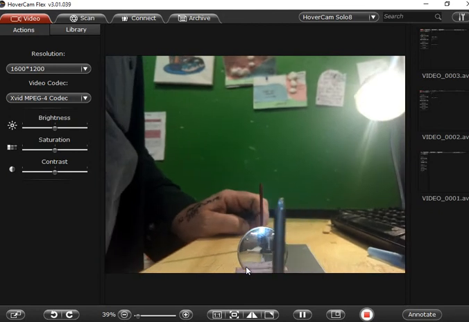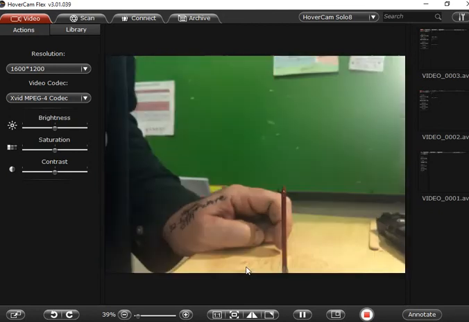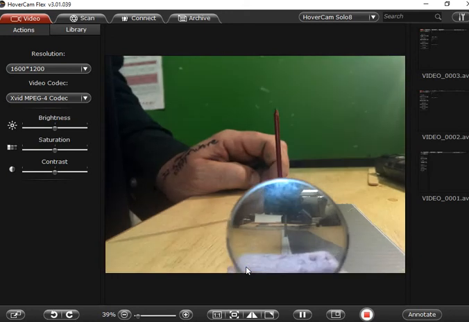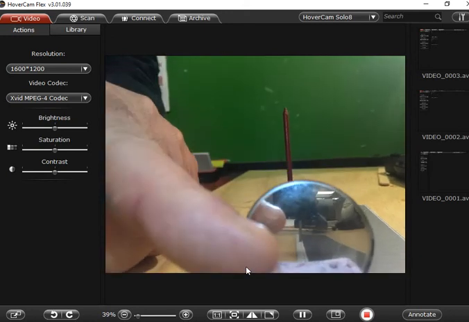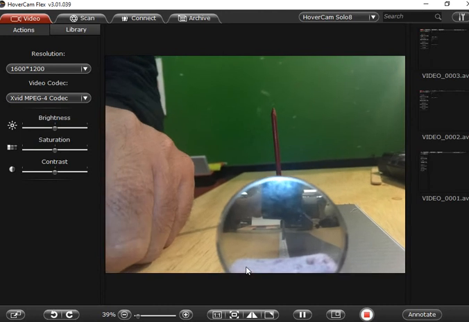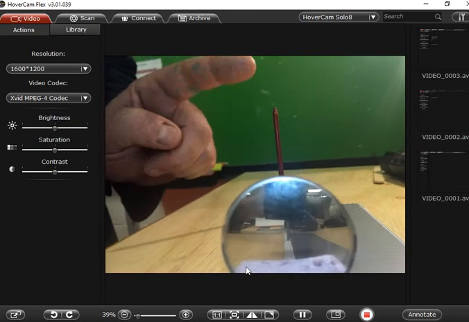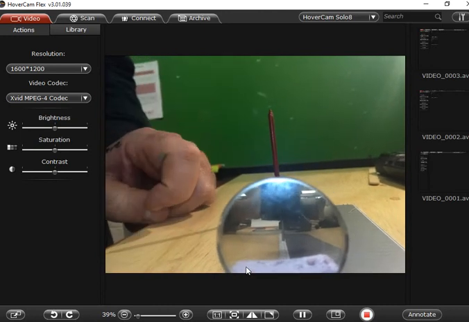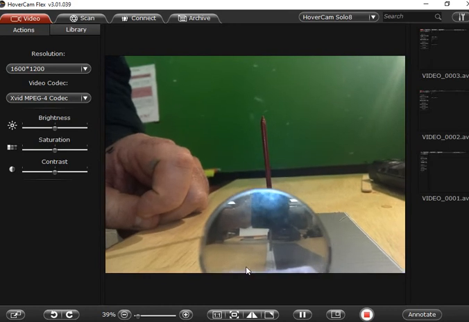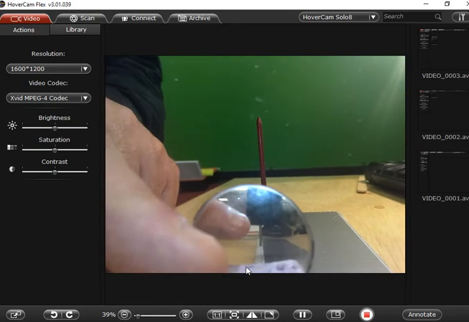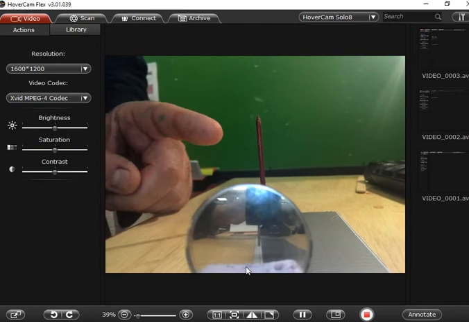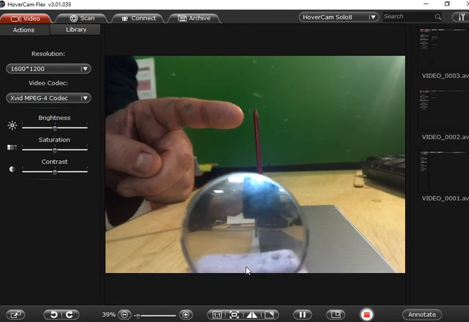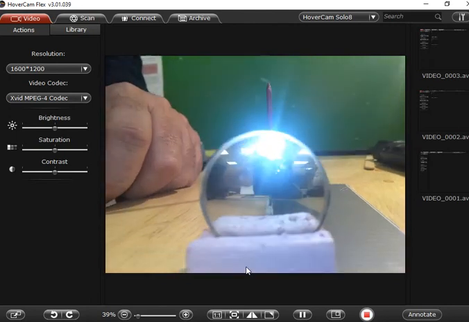Let's try to get it lined up even better. There we go. And I can see the silver in the mirror, and it's right under the red nail that's behind the mirror. They're lined up. Silver image lined up with the red real nail. That's if you're looking straight down the ruler.